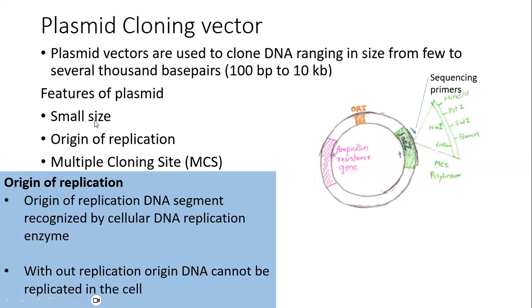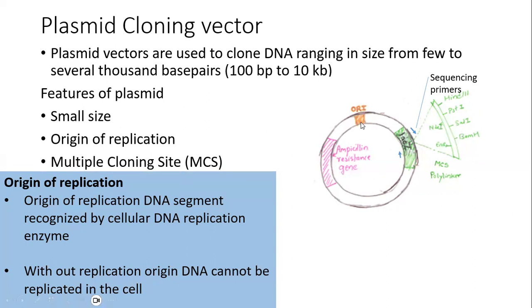So first of all, it has a small size. The smaller the size of the vector, the easier will be the transformation process, and hence it is advantageous to have a vector with the least amount of non-essential genes. Secondly, origin of replication.